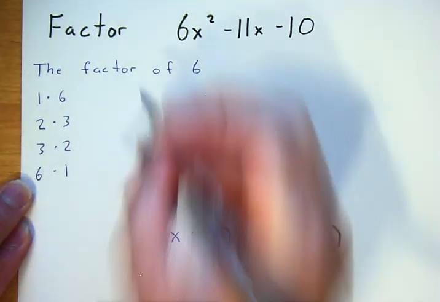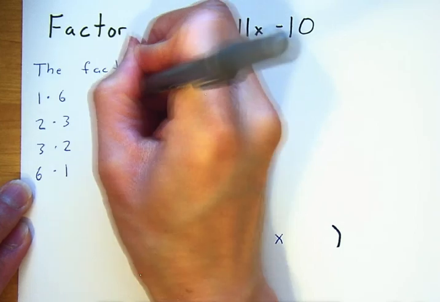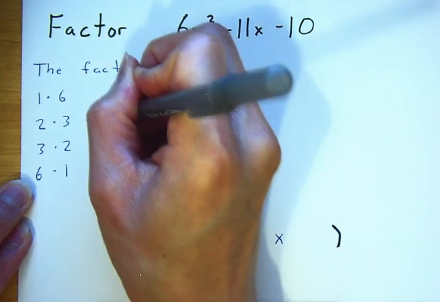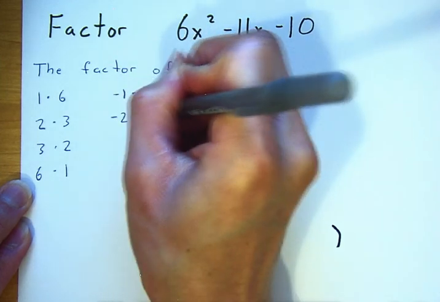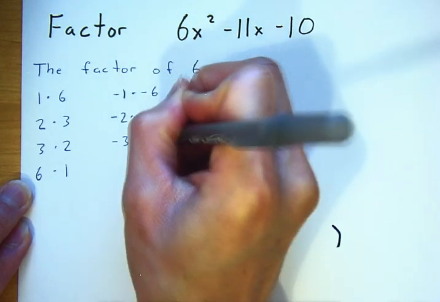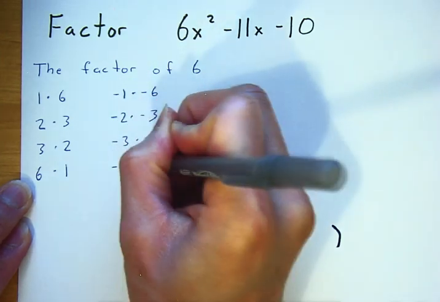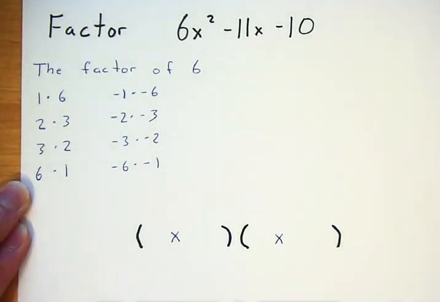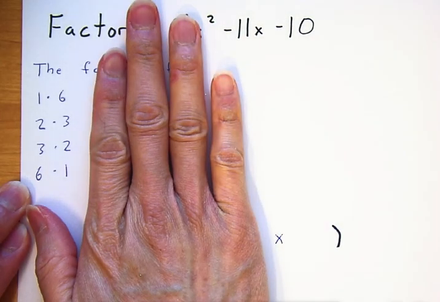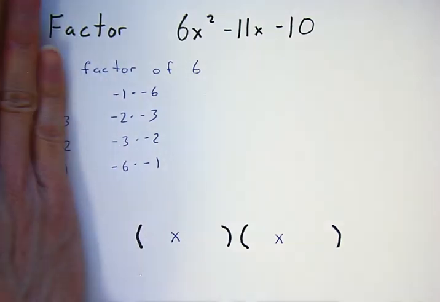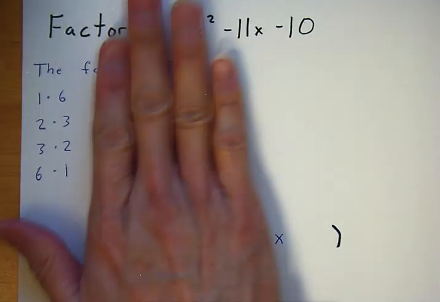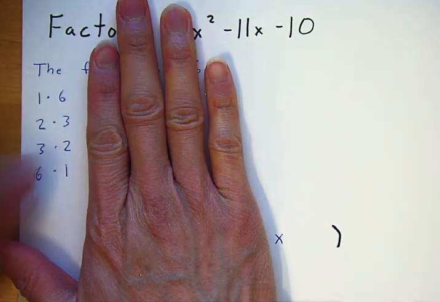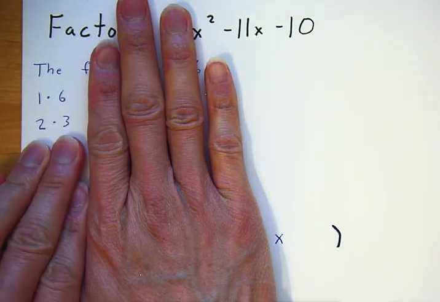You also have the negatives of these. Negative 1 times negative 6, negative 2 times negative 3, negative 3 times negative 2, negative 6 times negative 1. In practice, you can just look at one of these or the other. And even for the ones that are sort of duplicated, like 1 times 6 and 6 times 1, you can sort of just ignore those as well.